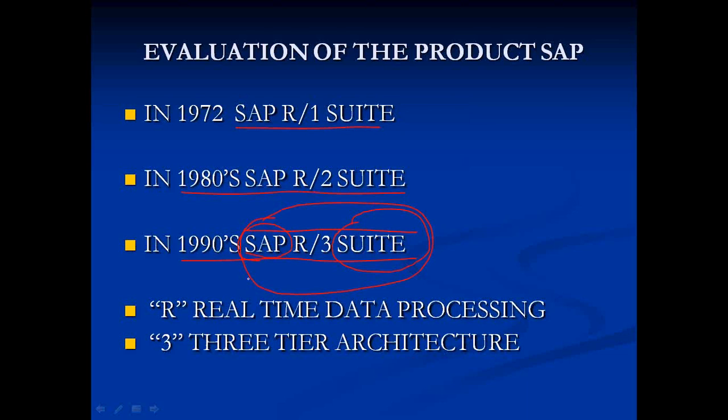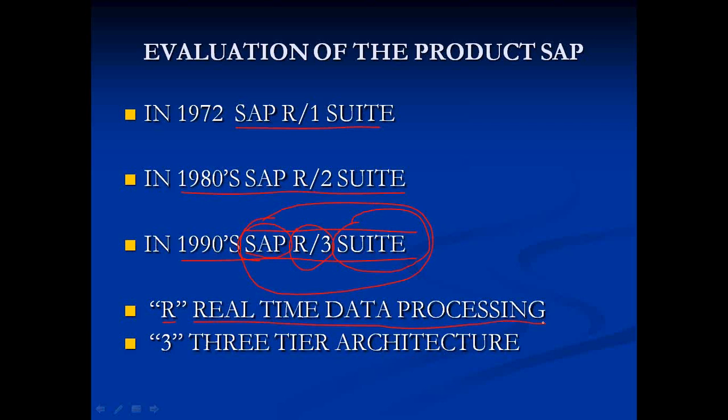Now coming to R3, this is very, very important. It conveys the total nature of the product. For example, here R stands for real-time data processing. Real-time data processing means whenever you perform an operation on the data elements, the related database is instantly updated.